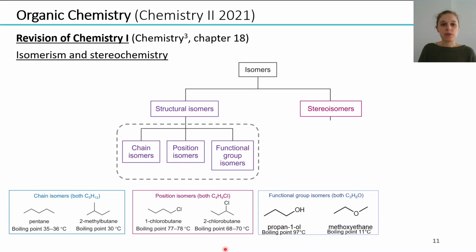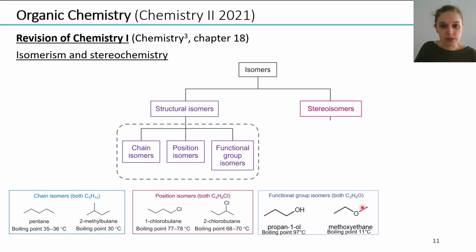The third type of structural isomers is the functional group isomer. If we talk about functional group isomers, we have 2 molecules with the same molecular formula, but with different functional groups. For example, we can differentiate between an alcohol and an ether. So this is the example here.